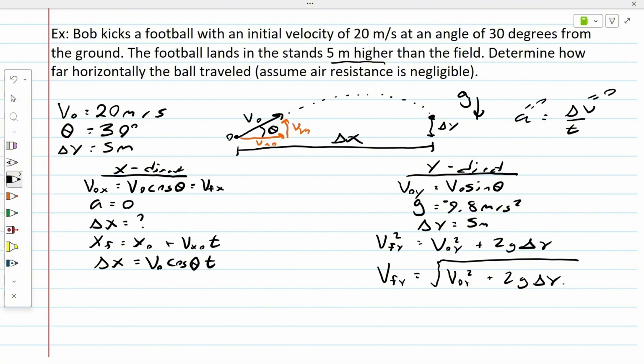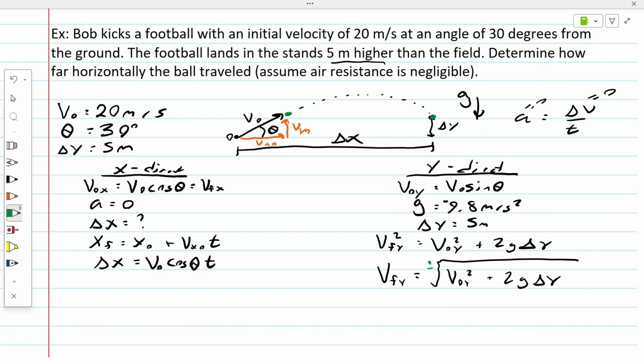But we could also just plug this back into our second equation. And something important here is we want to find this final velocity, but this could also be plus or minus. So which one do we want to use? If we think about it, there are going to be 2 points where this velocity final is at this change in y, right here and right here.